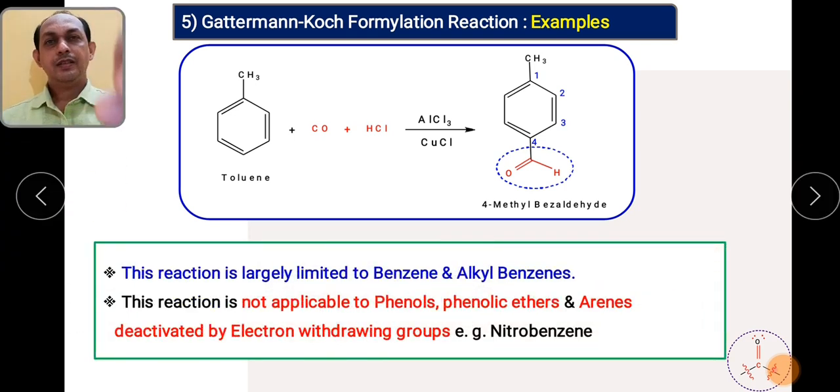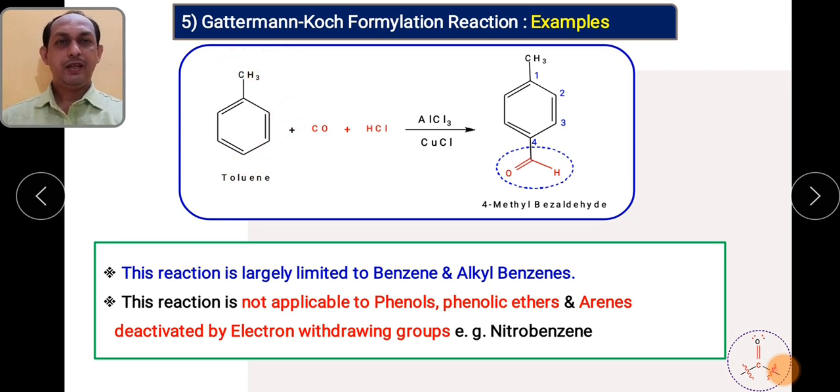As we can see, this reaction has some limitations. It is applicable for benzene and alkyl benzenes only. Alkyl benzenes mean what? Benzene compounds which have an alkyl side chain present, like toluene, ethyl benzene, propyl benzene. These are examples of alkyl benzenes. So you can use this reaction for alkyl benzenes only.